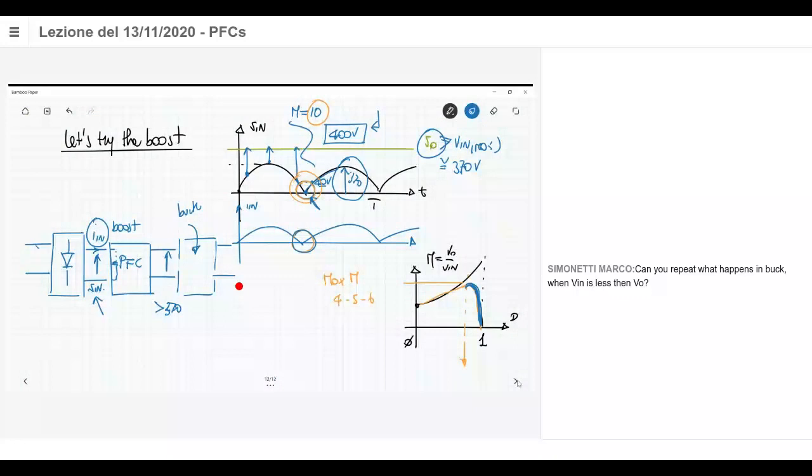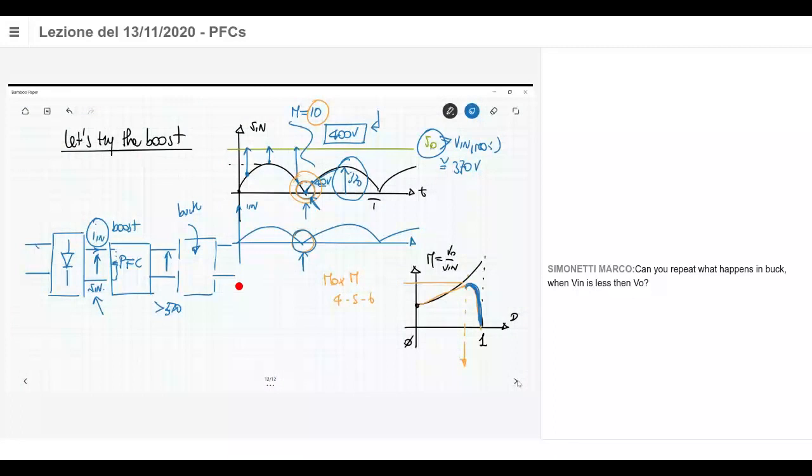You are designing your boost for a specific maximum input voltage, but you have to accept that there is a situation in which your boost is over-designed, for example, when the voltage and the current are very low. In that situation, you can reach M of 10 or even larger, because all the parasitics in your components have less impact on this curve.